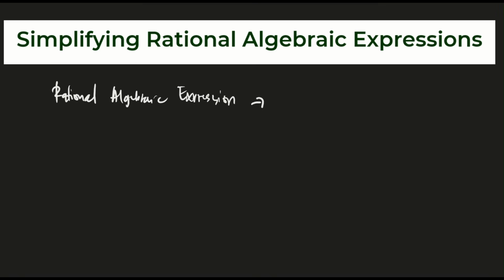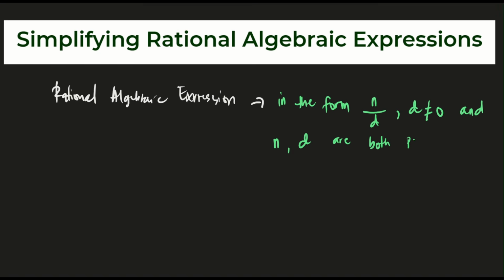So, it is written in the form N over D, where D could not be equal to 0 and N, D are both polynomials.